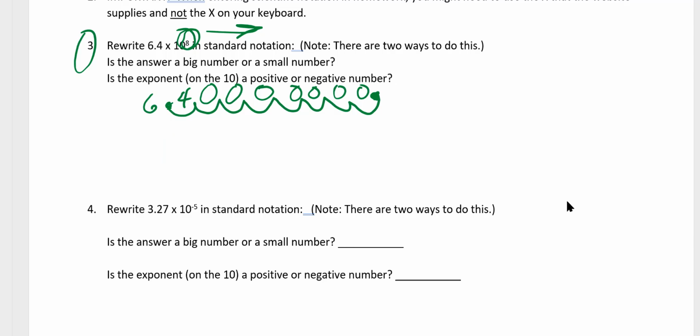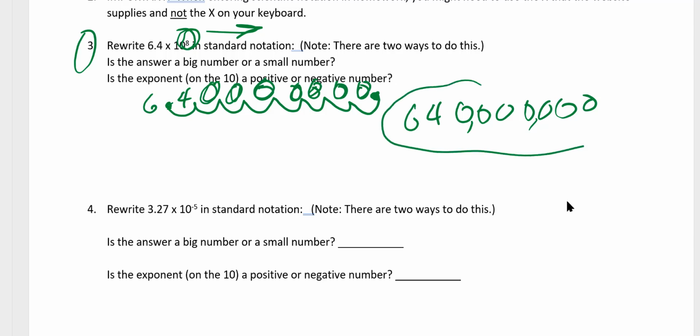And the answer is kind of what I have written. The answer is 6, 4, and then 1, 2, 3, 4, 5, 6, 7 zeros. That is the final answer. If I do the usual commas between every 3, that's 640 million.